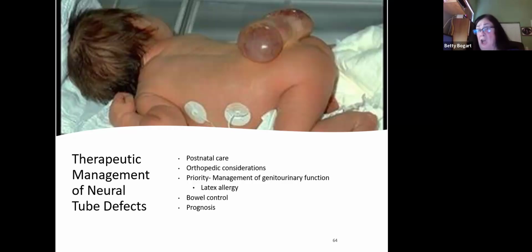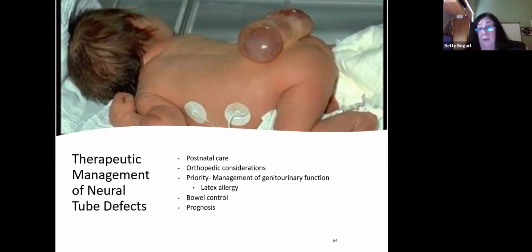As I said, we are concerned about lower leg strength or weakness. So we need to follow up with orthopedics. Do we need braces? Do we need PT? What do we need? Or is this kid not going to move his legs at all? Do we need a wheelchair? Also, we need to be concerned about monitoring bowels because they don't have nerves there.